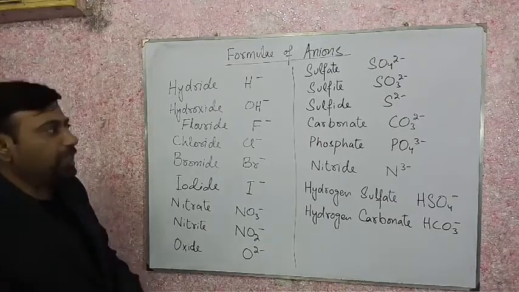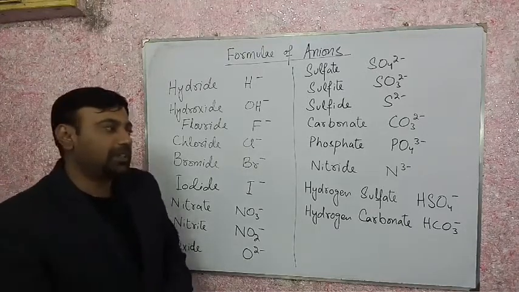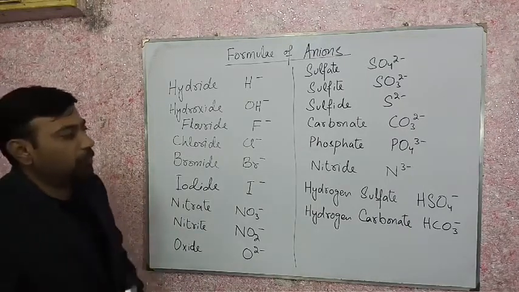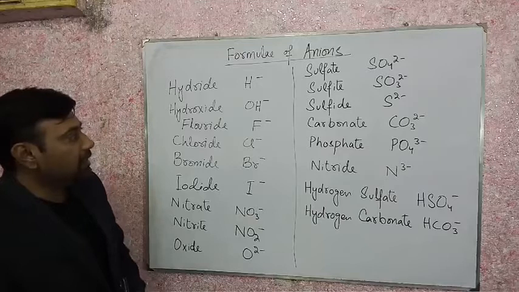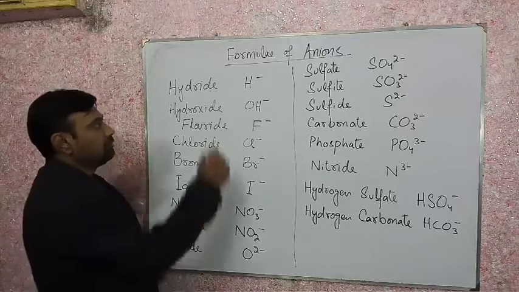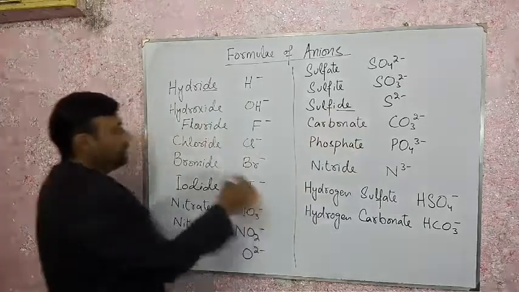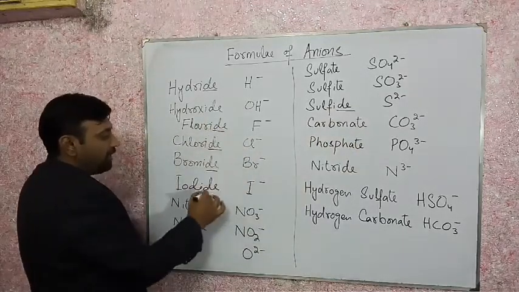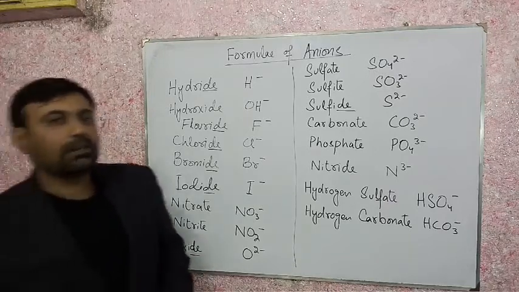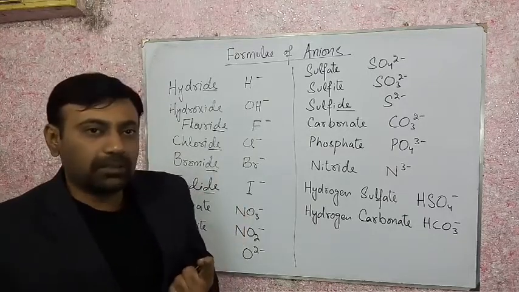Now I can give you a few tips to remember these formulae, because I can understand that many students find difficulty in learning them. You can keep a few tips in mind, such as all the ions ending with -ide, like oxide, sulfide, fluoride, chloride, bromide, iodide, are the ions of only one single element.